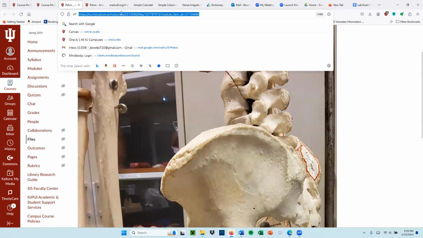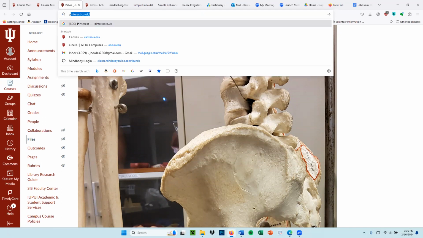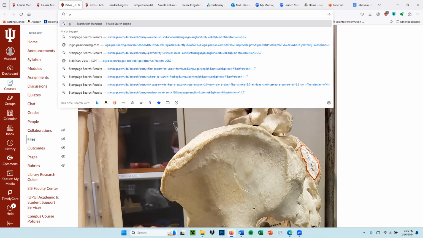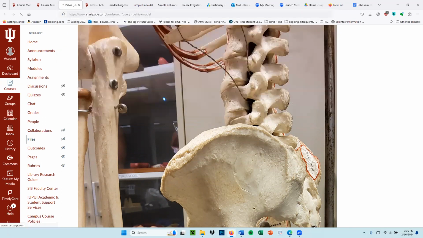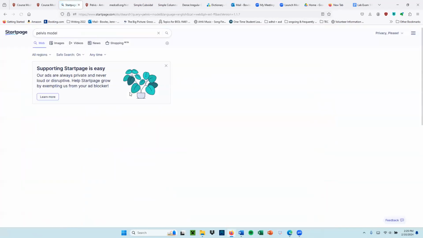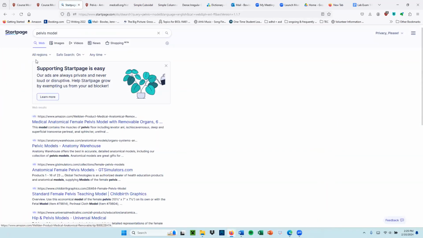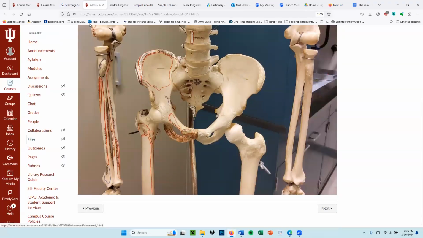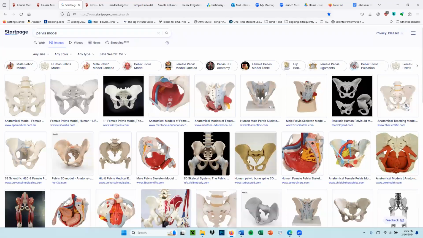Actually, we're going to look up a pelvis model. Pelvis is tricky because sometimes I can ask you from an articulated view like this, but I can also ask you if we just have a single os coxa disarticulated.